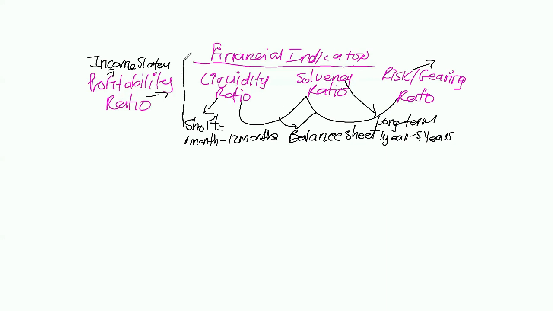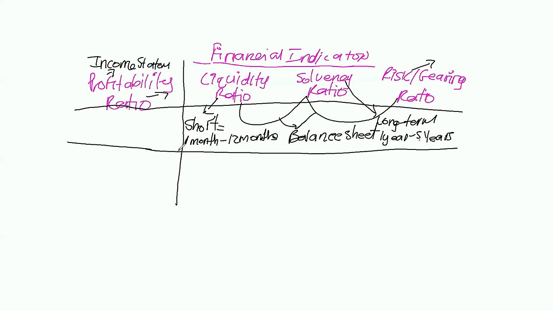So now profitability ratios, right? We have the following as our profitability. Number one, we have our markup percentage on cost, right?